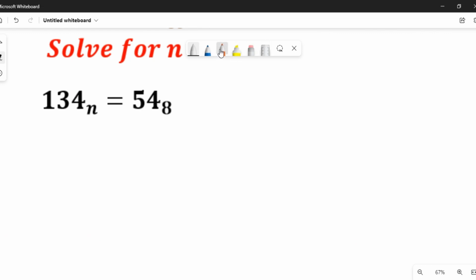To solve this question, we are going to look at how we'll simplify this expression.